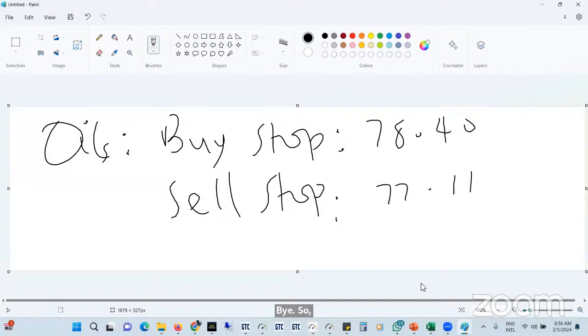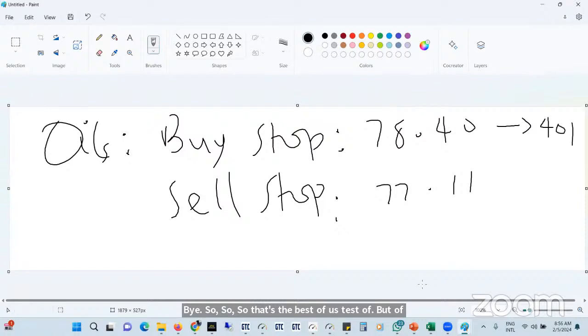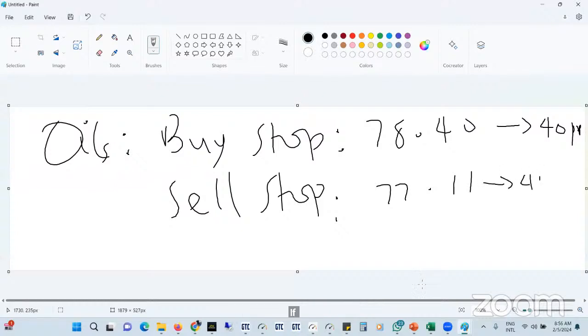So that's the buy stop and sell stop for crude oil. And of course, target for this one is about 40 pips. So target 40 pips for the buy stop and sell stop. Buy stop 78.40 and sell stop 77.11. 40 pips each on your trade. Do that very fast.